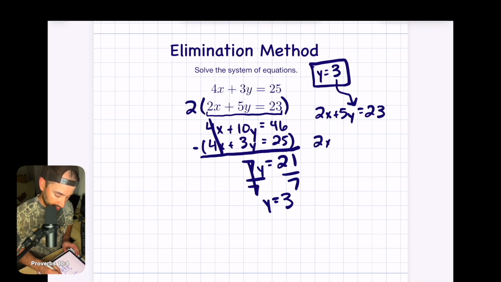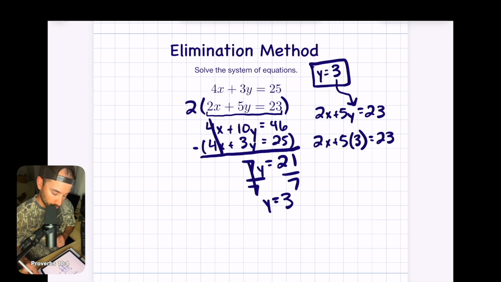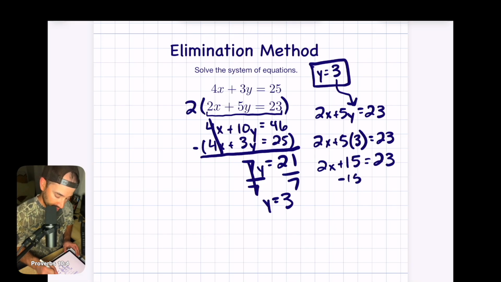So 2x plus 5 parentheses 3 is equal to 23. And so now we can just solve the equation. So 2x plus 5 times 3 is 15. So that's 2x plus 15 is equal to 23. And then now we can subtract 15 from both sides to get 2x is equal to 23 minus 15, which is 8.